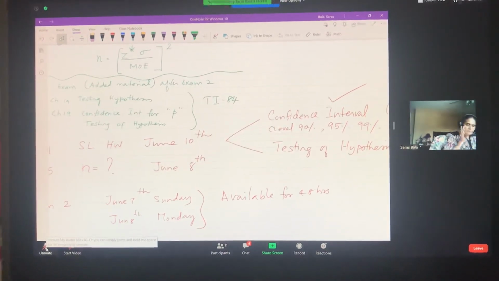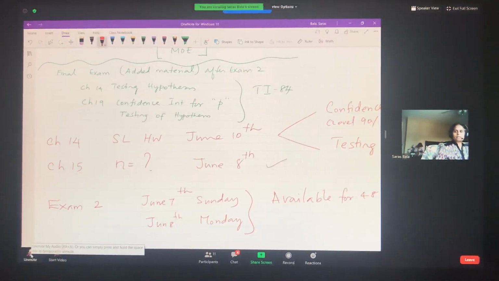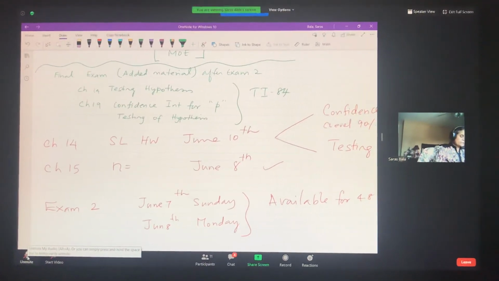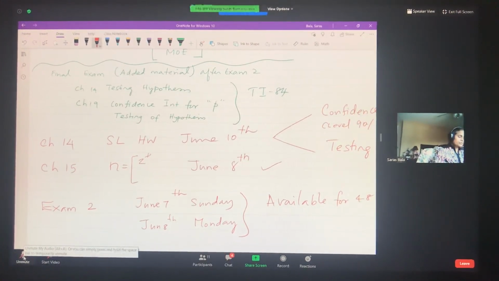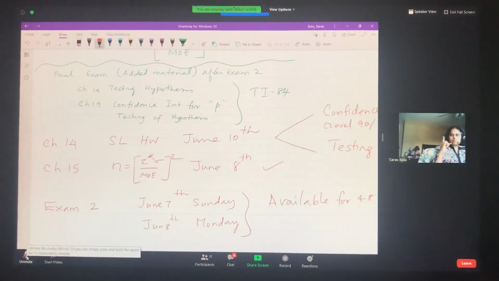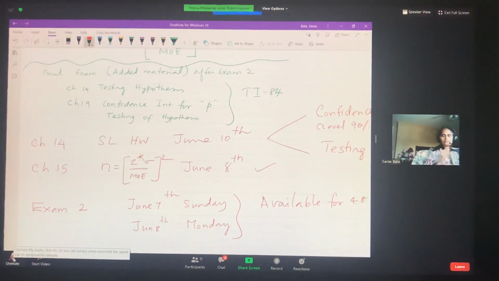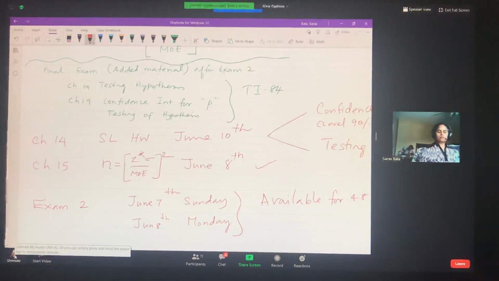But right now, today, you can complete the Chapter 15 problem because it's based on the sample size formula. It is Z star sigma over E, the whole square. So it is going to be based only on this formula. So that is due on the 8th, the same day you are going to have your exam.